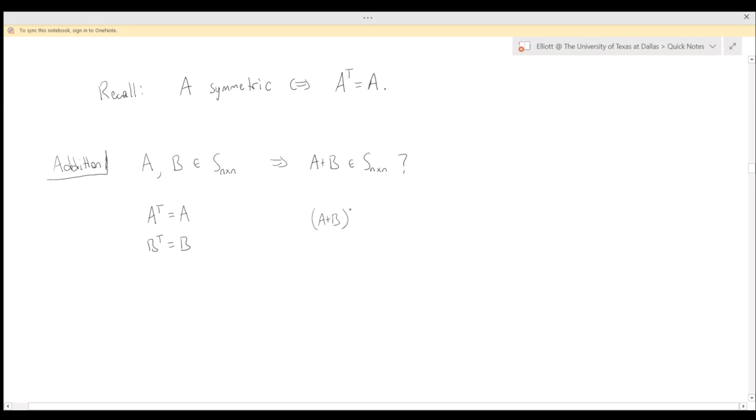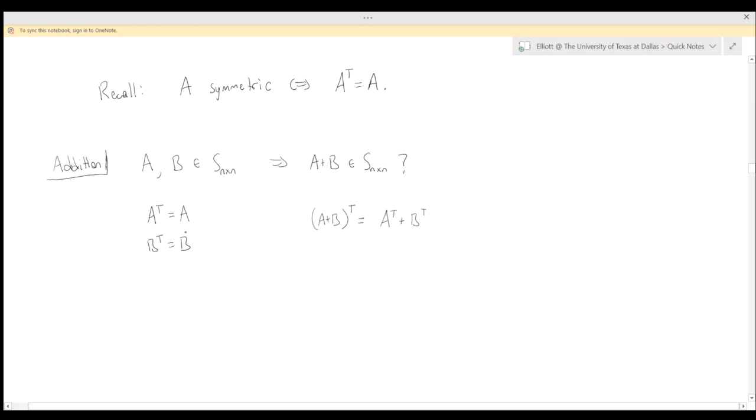So what happens when we transpose A plus B? You might remember that transpose distributes over a sum. So it's the same as A transpose plus B transpose.